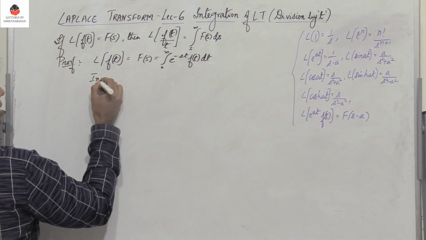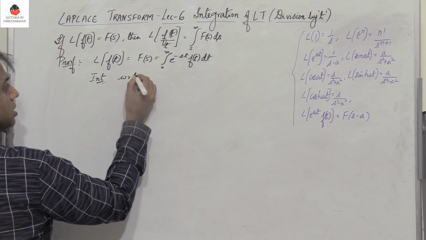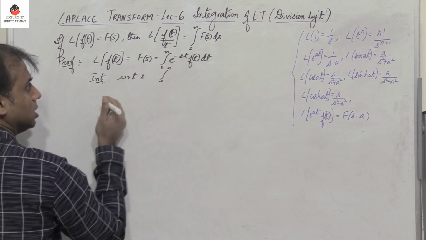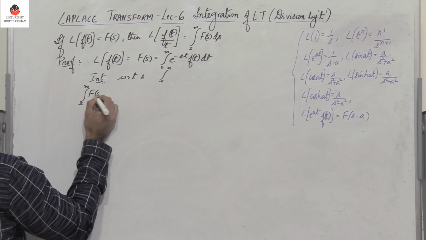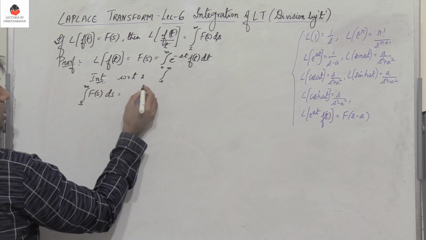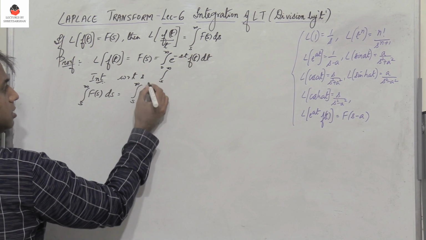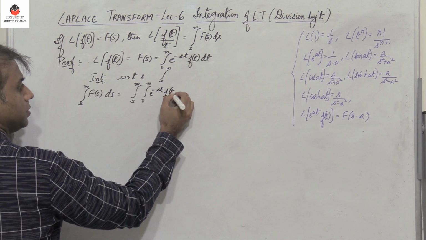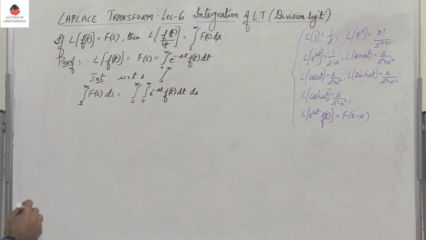So now let us integrate with respect to s within the limits s to infinity on both the sides. So you have integral s to infinity f of s ds equals integral s to infinity, and then you have integral 0 to infinity e power minus st f of t dt ds.